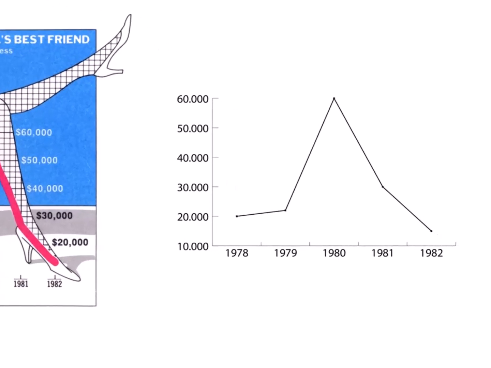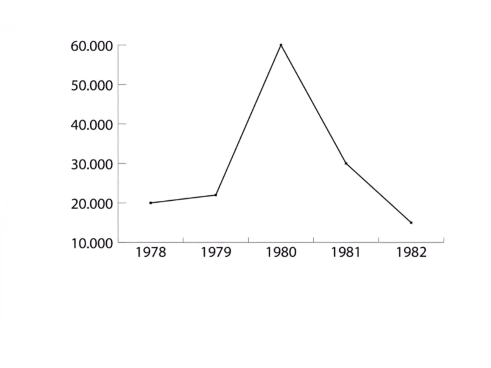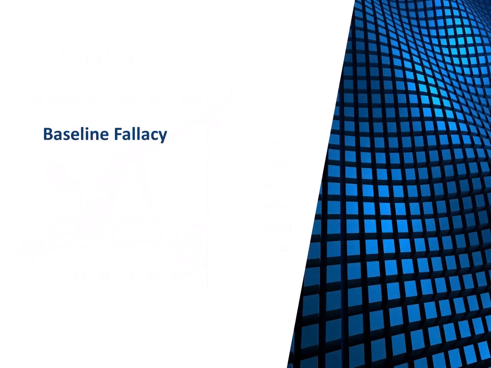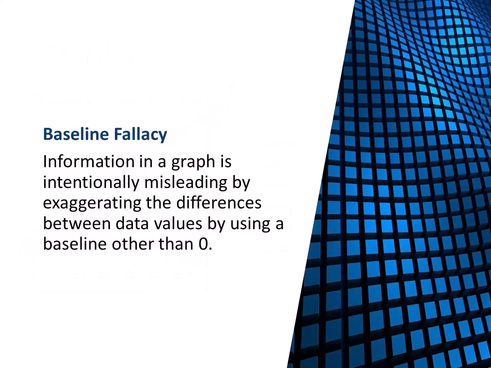Let's note one thing about the revised version. The scale on the y-axis doesn't start at 0. This isn't always bad, but it can often lead to a pitfall known as the baseline fallacy. A baseline fallacy occurs when information in a graph is intentionally misleading by exaggerating the difference between data values by using a baseline other than 0.